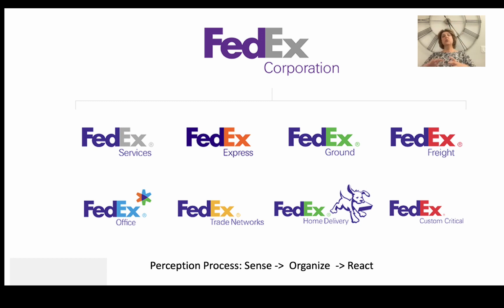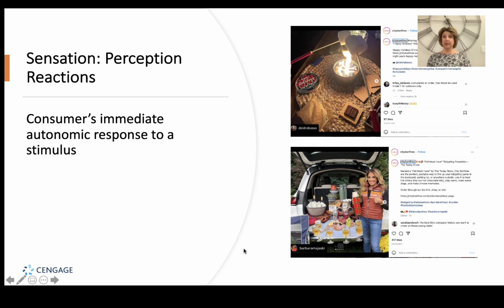But this is an organization to help us understand the perception of what we're trying to accomplish. So in sensations, one of the things in terms of reaction is that, remember, we have the sensing, and then you organize, then you react. We try to get you to react in a way that is positive or resonates with you.